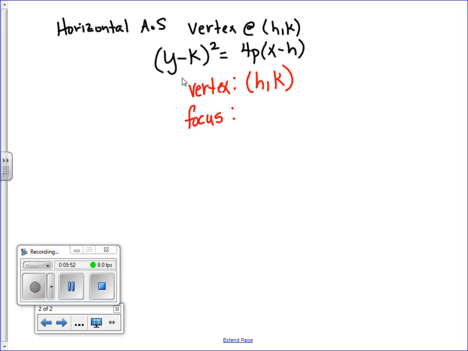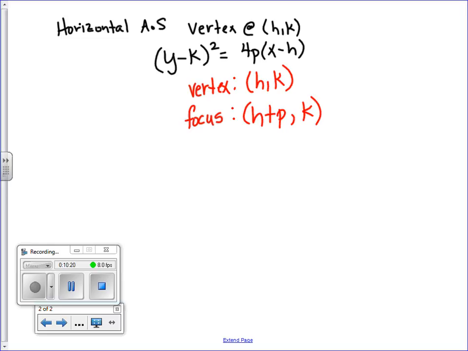So after what we talked about yesterday with the focus, and what we just talked about with the focus, with the center at H, K, when X was being squared, where do you think the focus is on this one when Y is squared? H plus p, comma k.